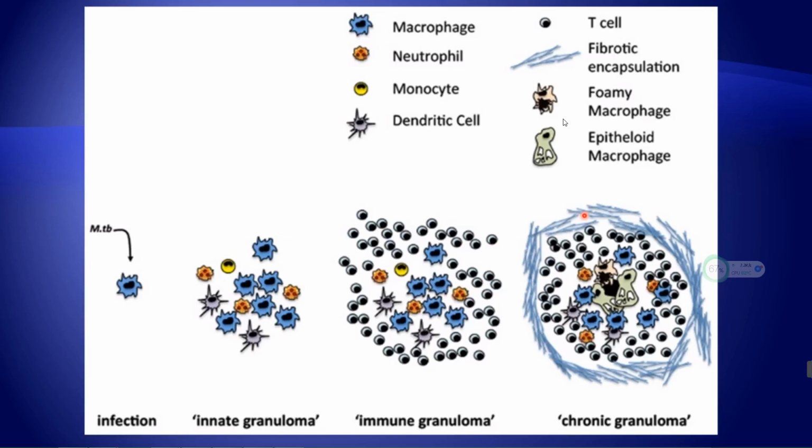And it also stimulates the production of more inflammatory, what we call pro-inflammatory cytokines. So this one molecule, ESAT6, does a lot of this. And so it's actually stimulating the formation of this granuloma.